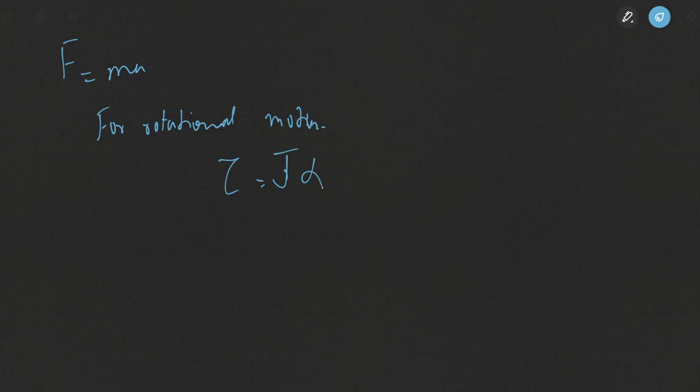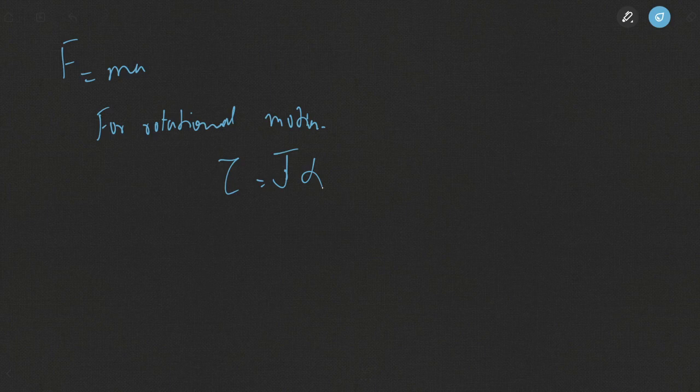Torque is the net applied torque, given in Newton meters, and here the moment of inertia serves the same purpose as mass in the dynamics of linear motion. Right.